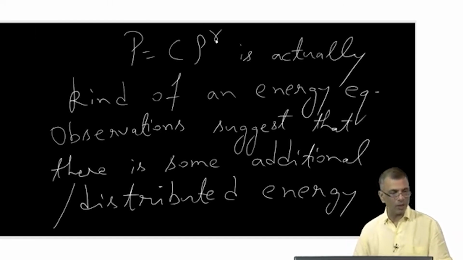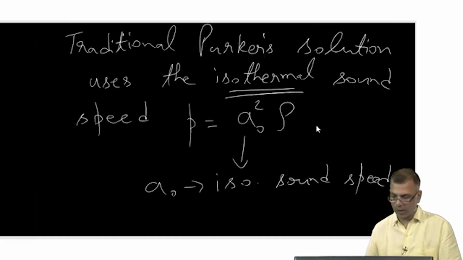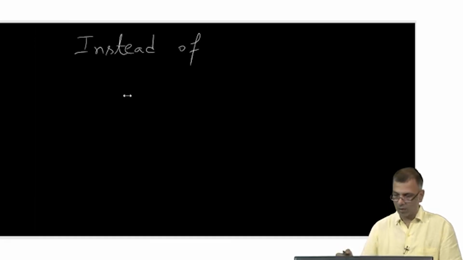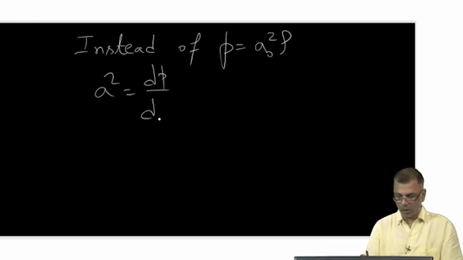So, the upshot is that one goes through this entire exercise and says, I beg your pardon, instead of writing P equals a naught squared rho, we write a squared equals dP/d rho equals gamma P over rho.